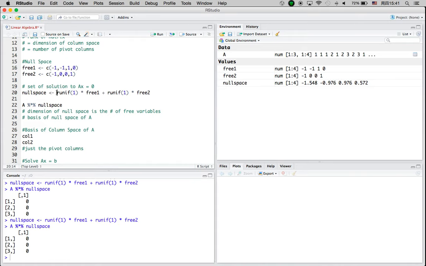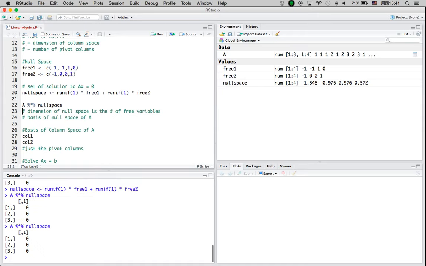That means all linear combinations of these two vectors are in the null space. So when I multiply A by the null space, I still get 0, no matter what numbers I put as the coefficients here. That is the definition of the null space.